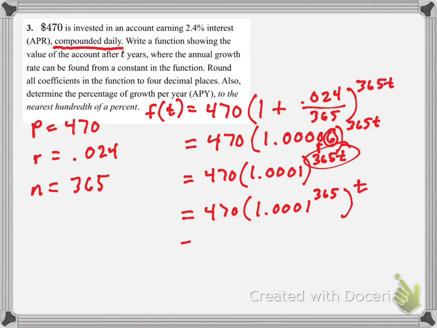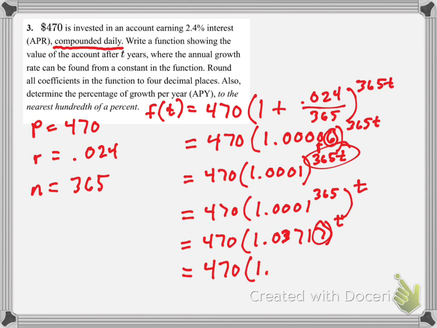Okay, so I get 470 times 1.03717 to the t. So what does 7 do? Bumps that up to 2. So 470 times 1.0372 to the t power.